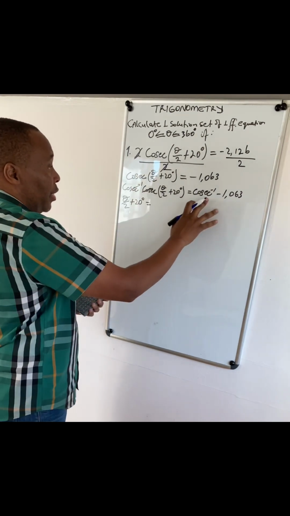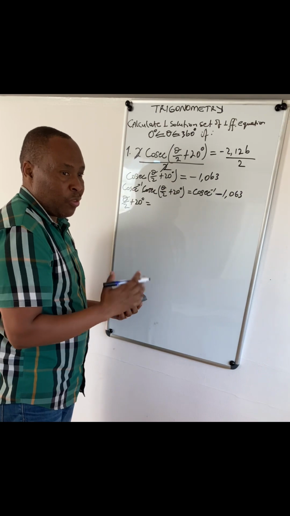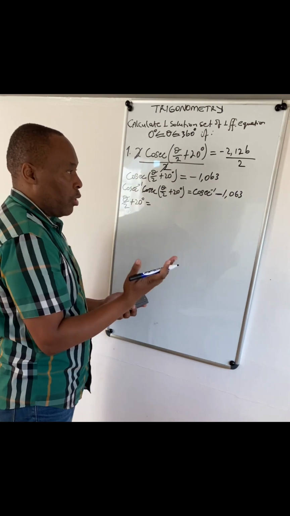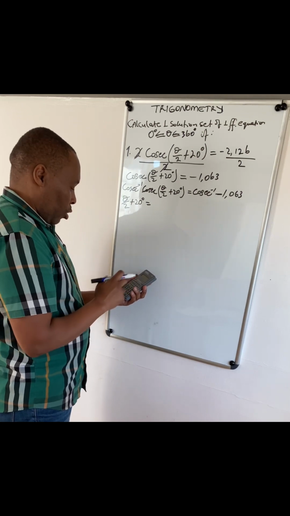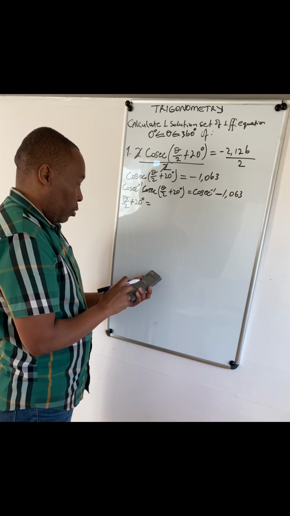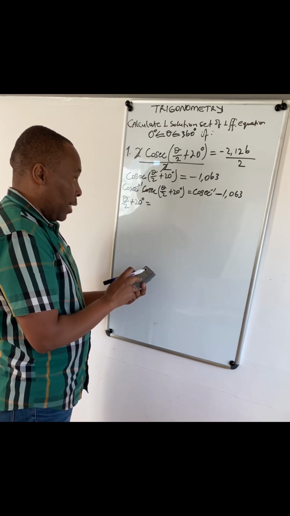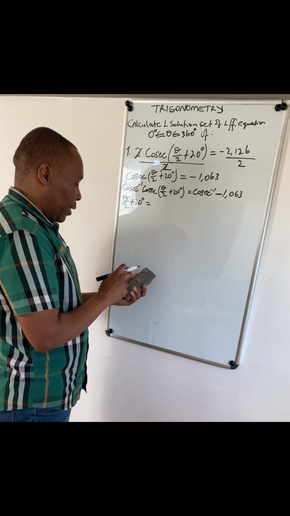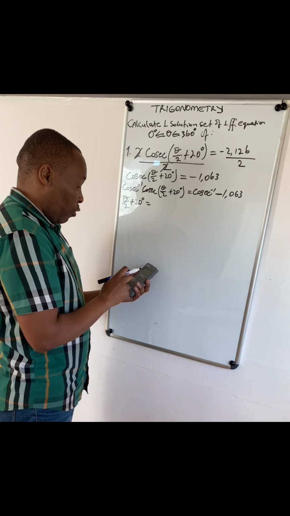When we are punching this, we don't consider the negative, we just disregard it, we deal with 1.063 and then we find the angle. So we say 1.063, second function and the inverse, which is 1 over x, second function, and cosec, the inverse of cosec is sine.